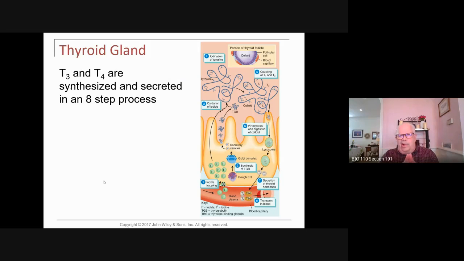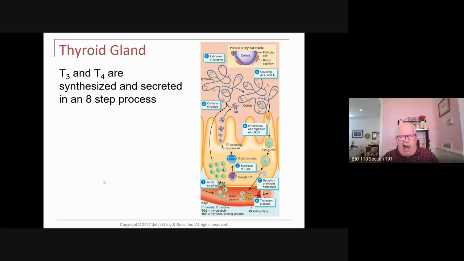They go into it in great detail. You don't have to know the 8-step process. That's not important. What's important is that T3 and T4, the thyroid hormones, comes from thyroglobulin plus iodine. The makeup of thyroglobulin is the amino acid tyrosine.